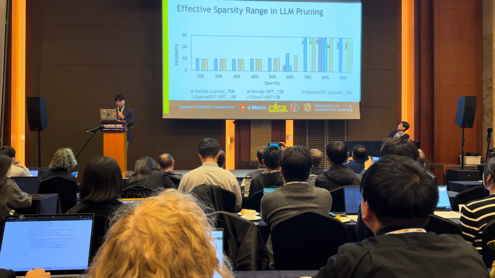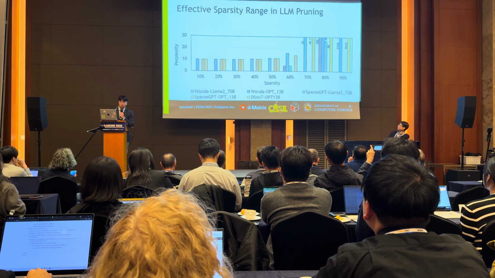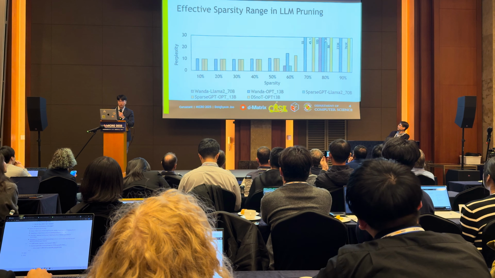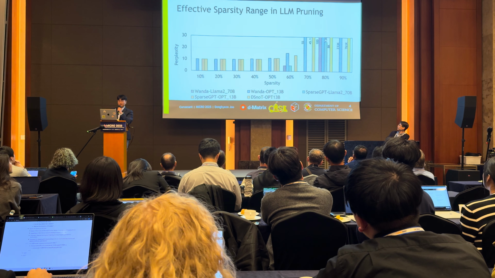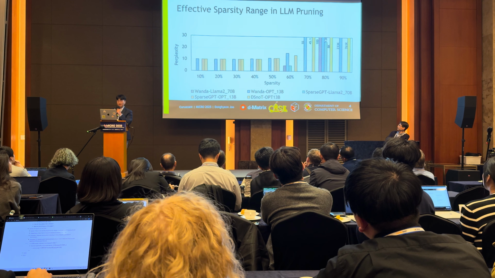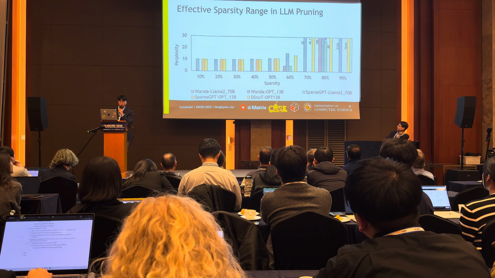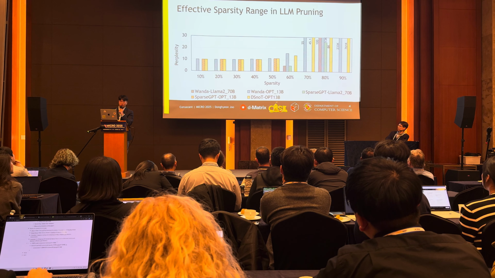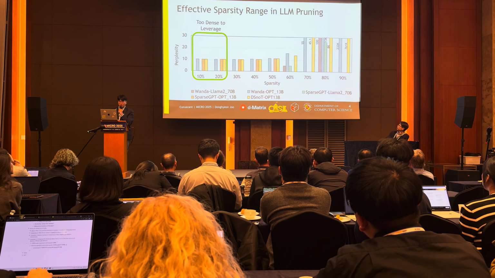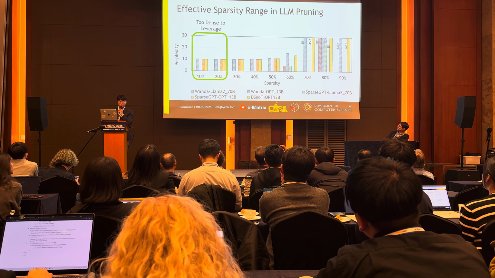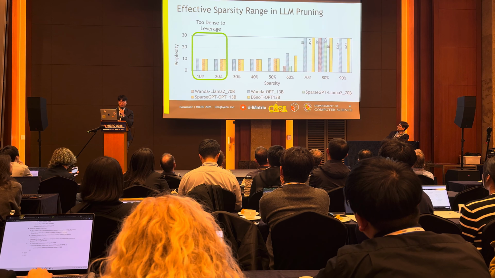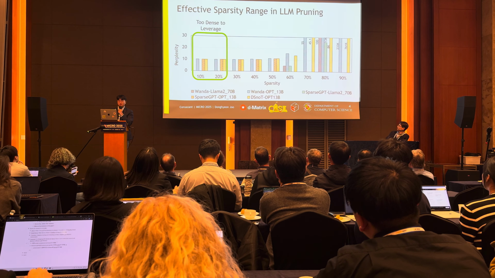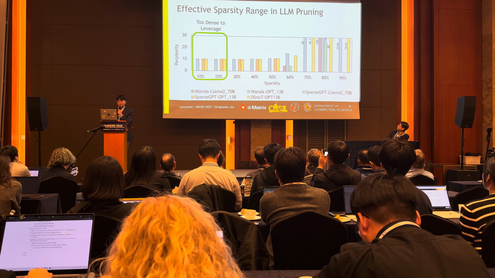What makes unstructured sparsity in LLMs even more challenging is its unique moderately sparse range. Surveying the perplexity of several pruning methods across sparsity ratios, we found a distinct pattern in model accuracy degradation. First, perplexity remains similar across 10 to 30% sparsity, and in this case, there's no reason not to use 30% sparsity.